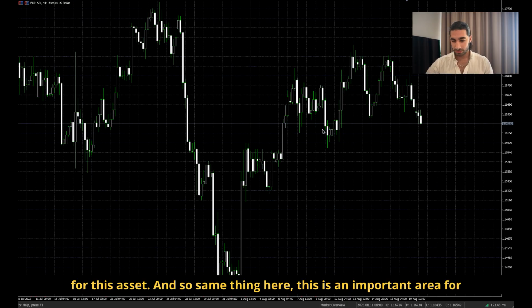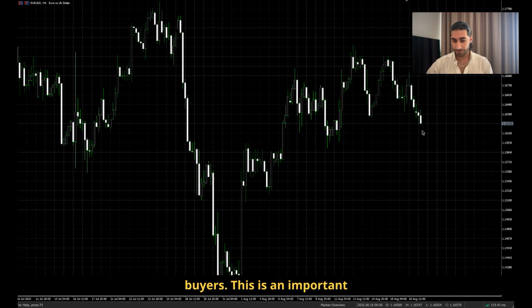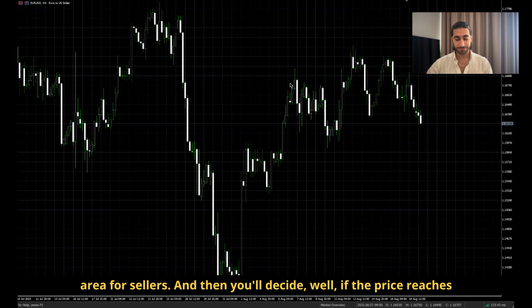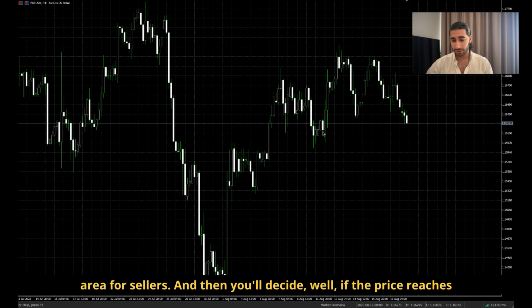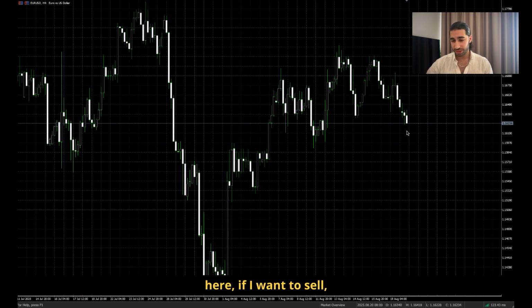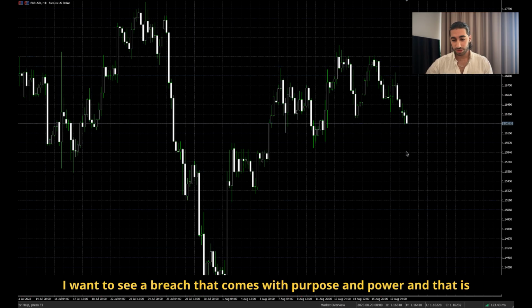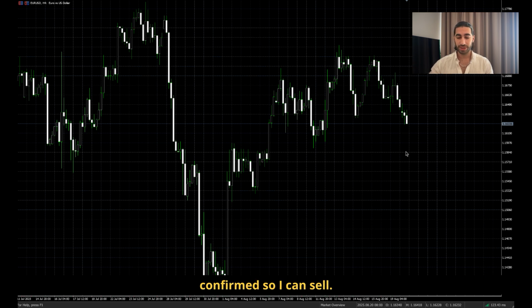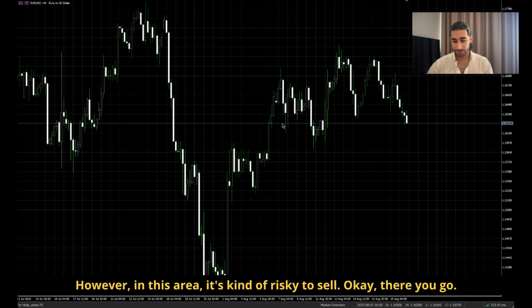And so same thing here, this is an important area for buyers. This is an important area for sellers. And then you'll decide, well, if the price reaches here, if I want to sell, I want to see a breach that comes with purpose and power and that is confirmed so I can sell. However, in this area, it's kind of risky to sell.